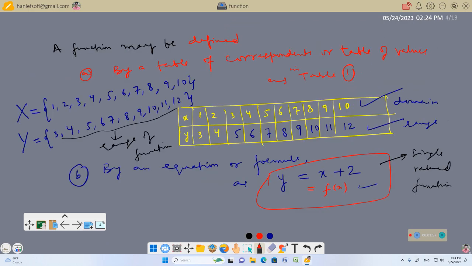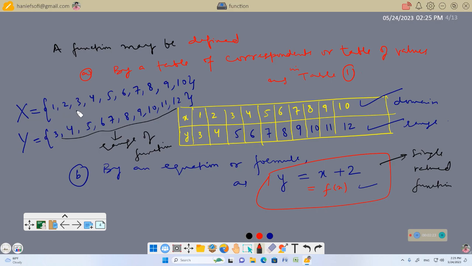Then we discussed that we can express these correspondences by means of a mathematical equation or by means of a table. We discussed this table. If y is equal to x plus 2 is some function, you can represent this function through this table.